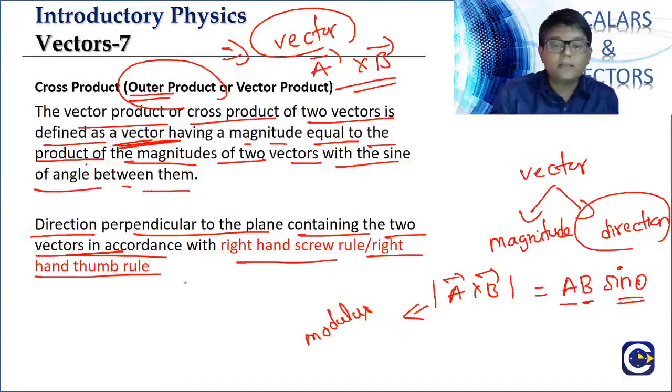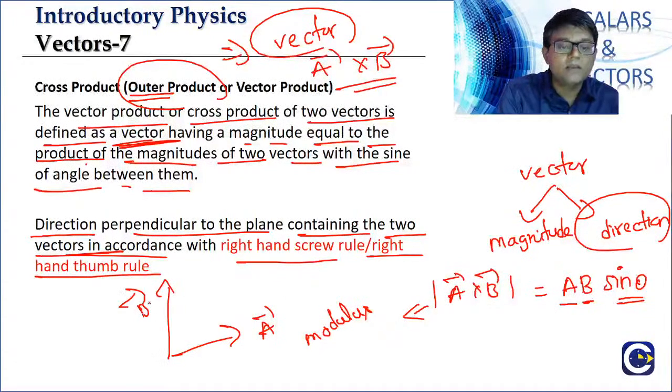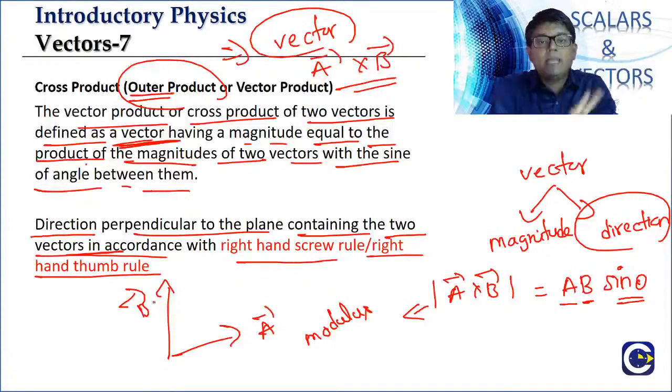But basically, if you have the two vectors A bar and B bar like this, you think about the plane in which the two vectors lie, because any vector quantity is represented by a line segment. Two line segments are there. You think about the plane.